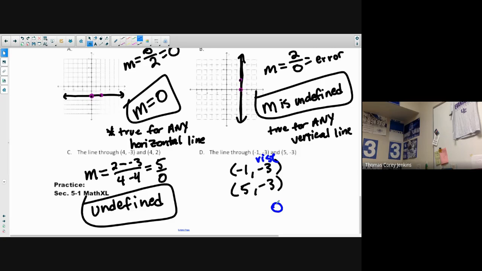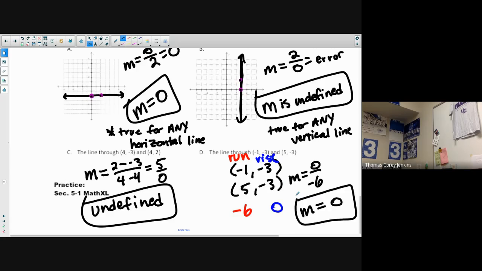That's 0. My run, -1 minus 5 is -6. It doesn't really matter. It just matters which goes on top of the other. Rise goes over run, so M is 0 over, doesn't matter, 0 over anything equals 0. You always want to simplify. Don't leave it as 0 over -6.